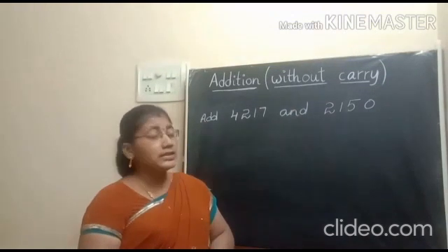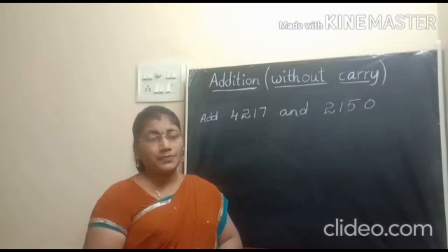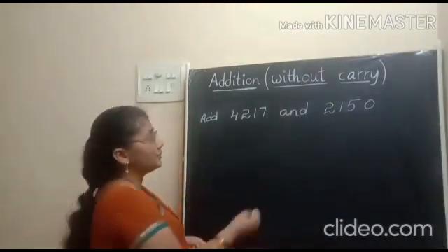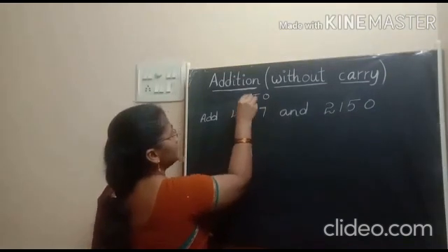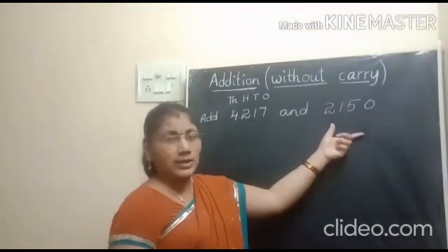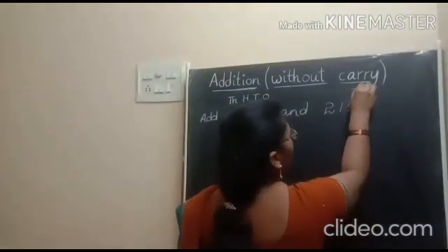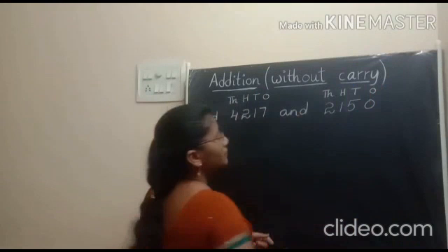How many places do we need to represent a 4-digit number? We need 4 places. Those are ones, tens, hundreds and thousands. This is also a 4-digit number, so we need 4 places: ones, tens, hundreds and thousands.